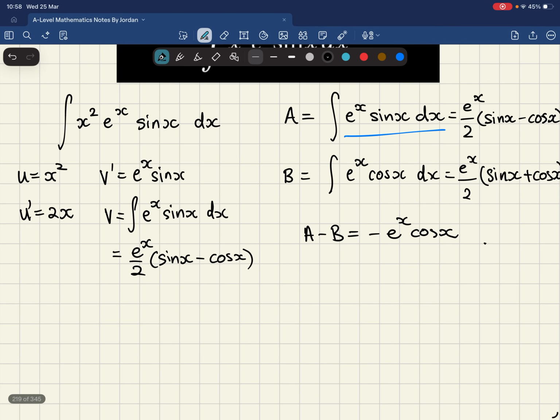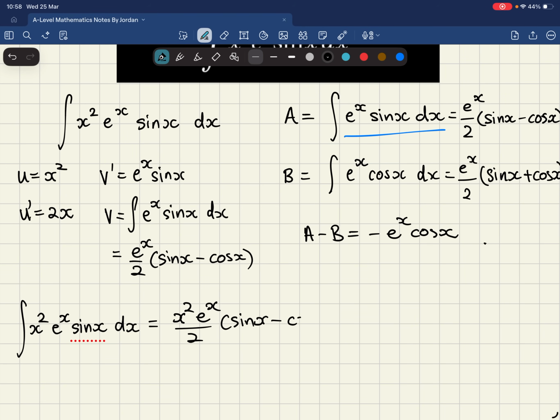Cool. So then if I plug all this in, that's going to give me that the integral of x squared e to the x sine x will be equal to, so we've got uv first, which will be x squared times what we have here for v, so there's uv.